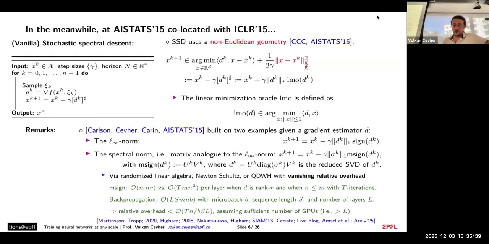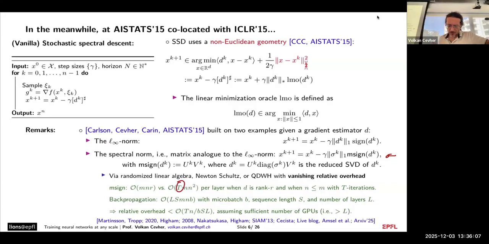This is what I used here because we were directly using stochastic gradients and they were very low rank. You could use randomized linear algebra very efficiently to get R times M times N complexity for the matrix sign. Newton-Schulz uses matrix multiplications, and you use, I don't know, 5 to 10 iterations. Currently, there is the Polar Express version that has a locally cubic convergence guarantee, but still does 5 iterations, I think.